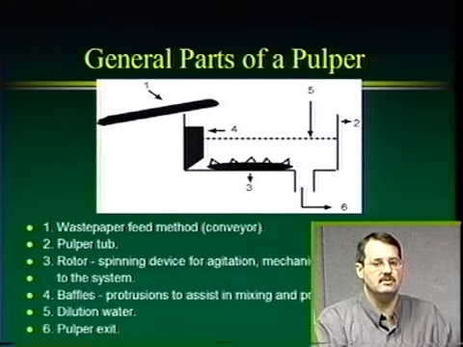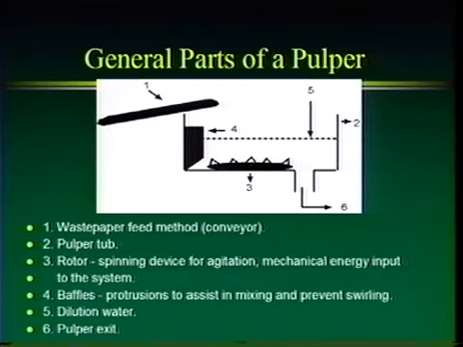Now, I'm just going to briefly go over the general parts of a pulper. This is a generic pulper, and let's just talk about some of the things that we definitely need to have in order for a pulper to work. The first thing is, number one, we need to have a feed method for our recovered paper.